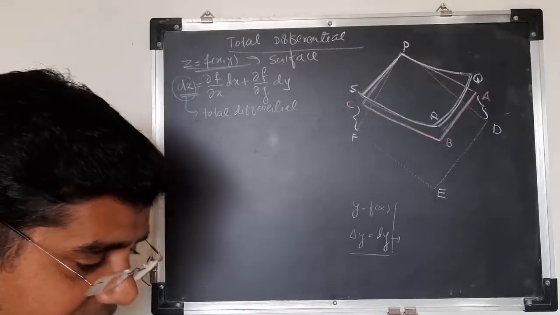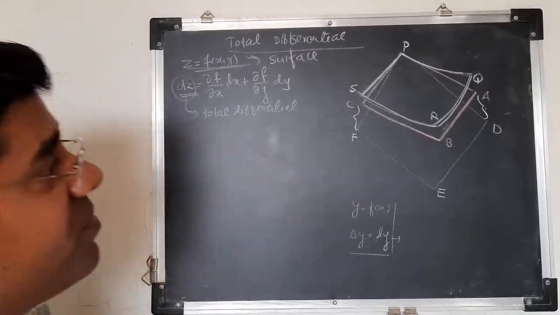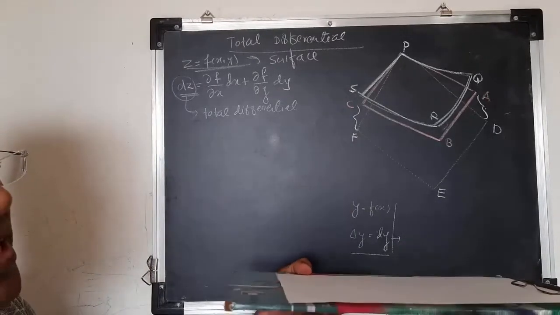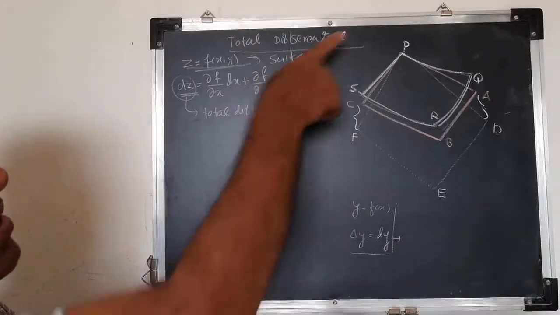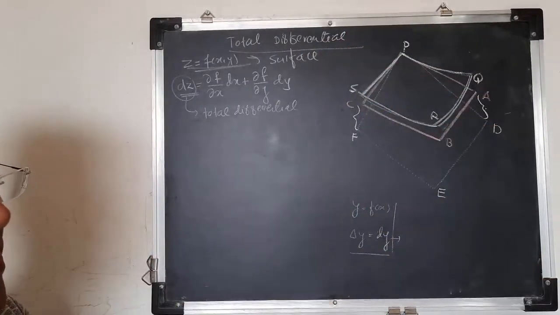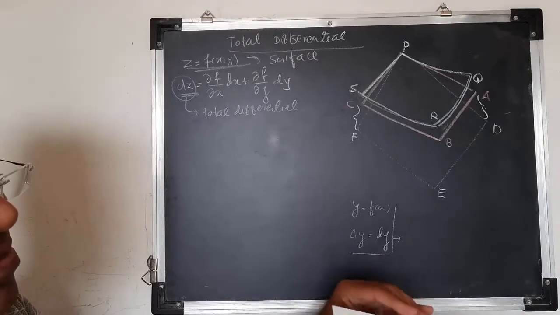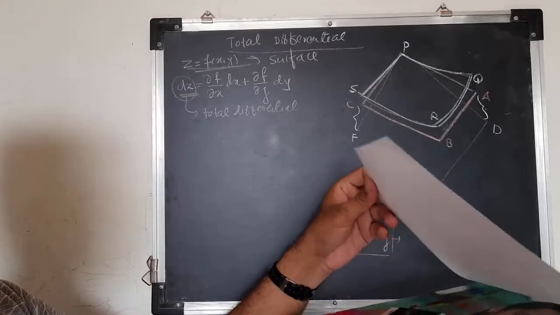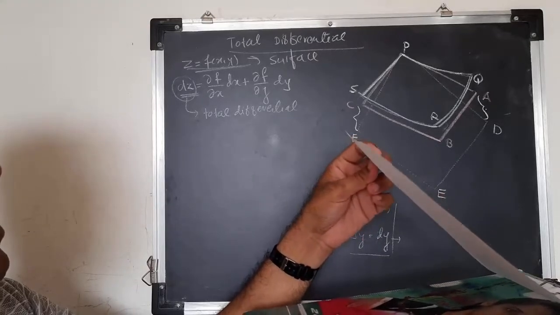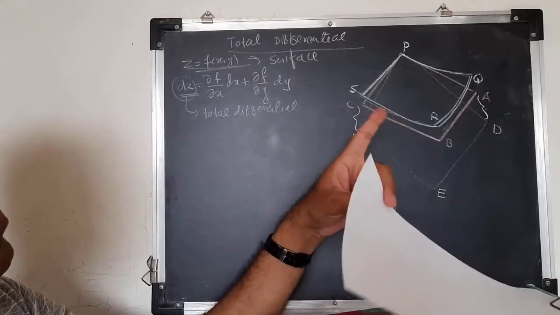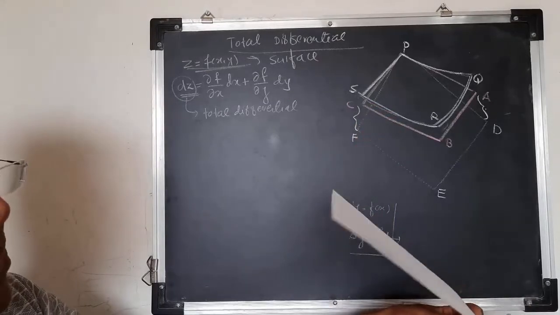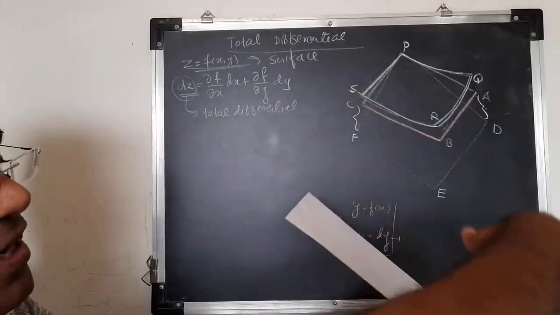We'll take an example, since it's not clear over here, so I will show you. This is my plane surface PDEF. Now this is my curved surface, and one particular plane is there, and that is nothing but PQRS.